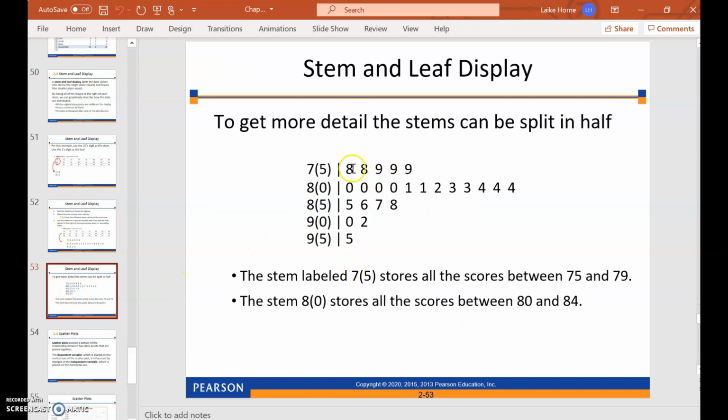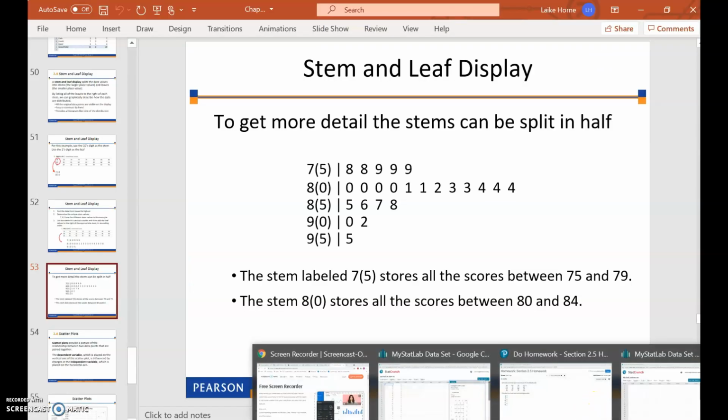For example, if you see here, this is kind of a histogram. If you were to flip the screen, you would see that these could be your bars and how high they go. Okay, so let's look at it.